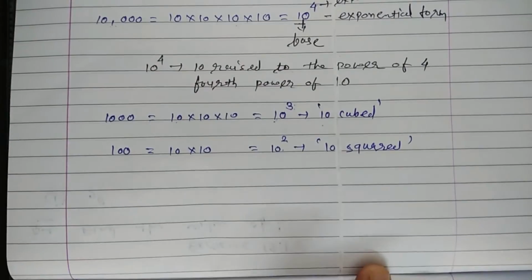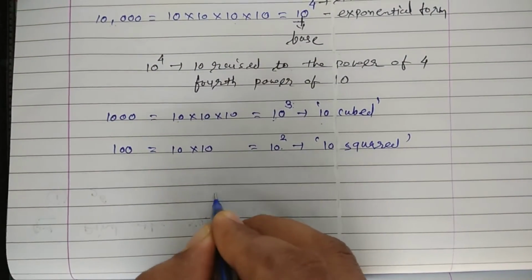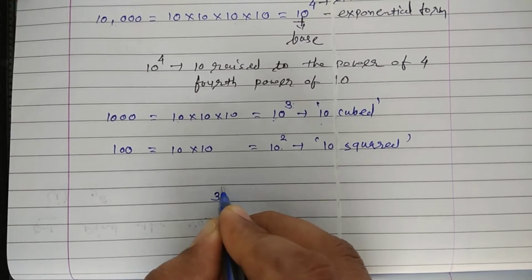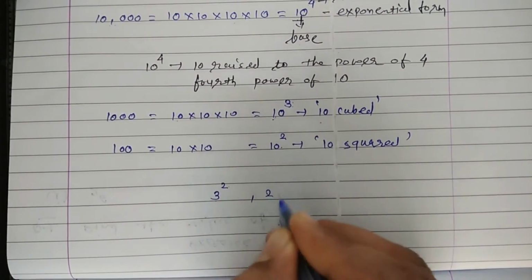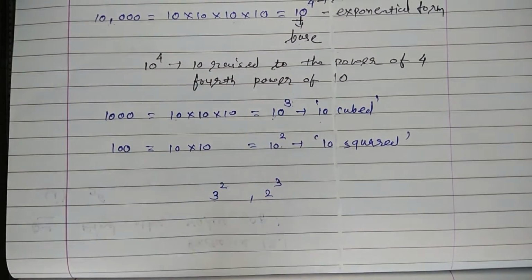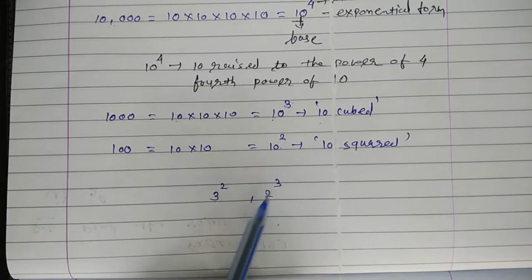For other examples, 3 raised to the power 2, we can read as 3 squared. 2 raised to the power 3, we can read as 2 cubed.